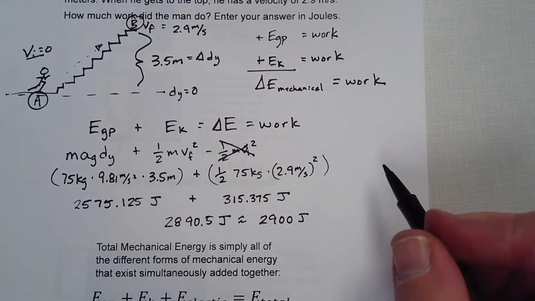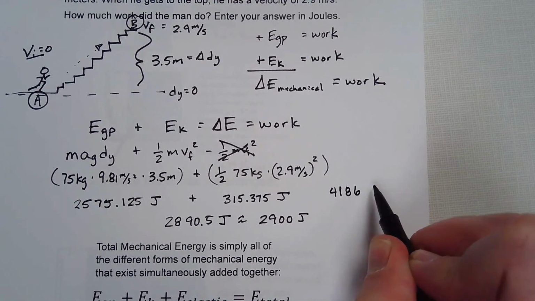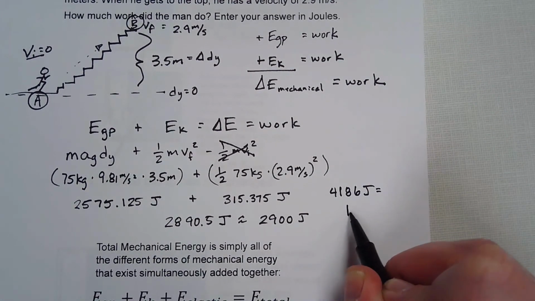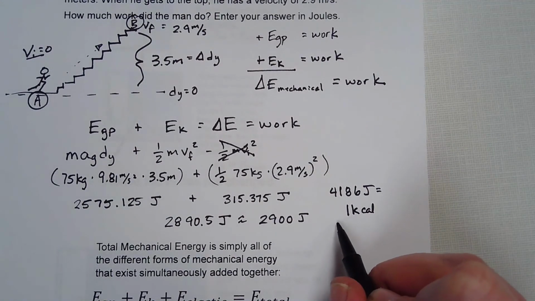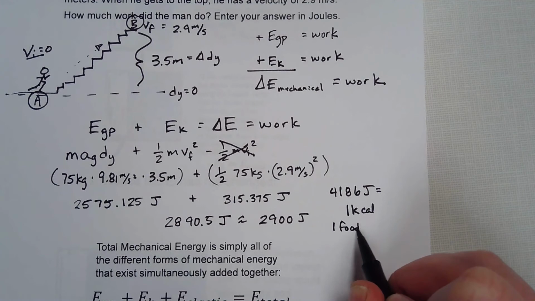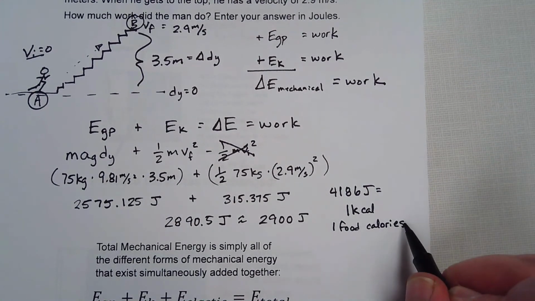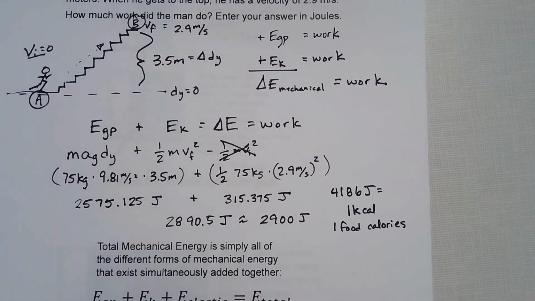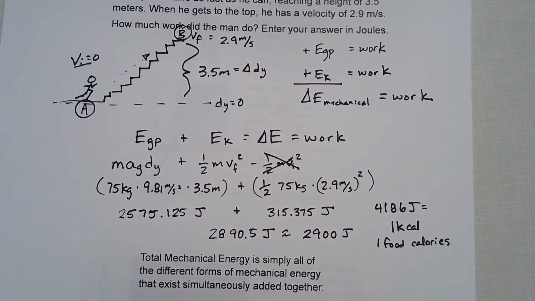One is that 4,186 joules equals 1 kilocalorie, 1 food calorie. In other words, running up the stairs like this only burned a little less, maybe about 3/4 of a food calorie.